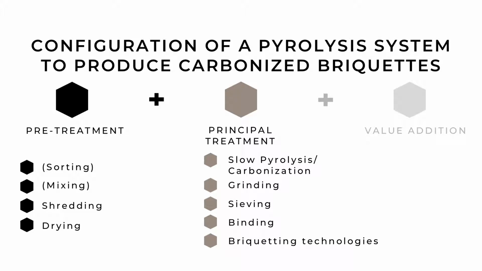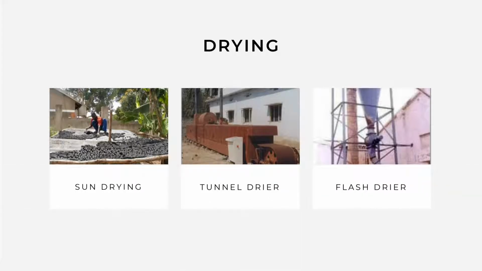Once the briquettes are obtained, these need to be dried to less than 10% moisture content. The most common method for doing this in tropical countries is through sun drying due to the favorable climate. This is usually done by laying the briquettes out on polyethylene or iron sheets or a wire mesh.